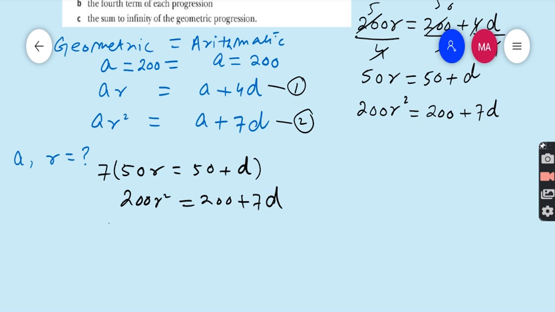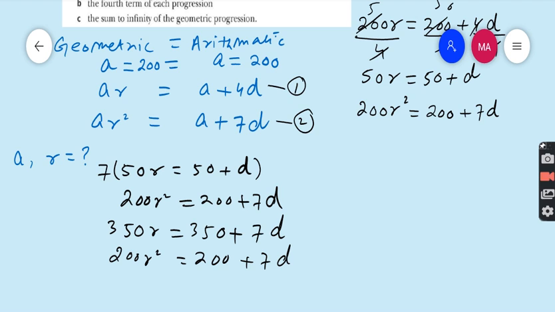7 5s are 35, 350 r, 7 5s are 350, 7 1s are 70, 200 r square, 200 plus 70.